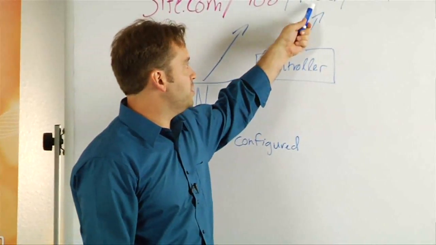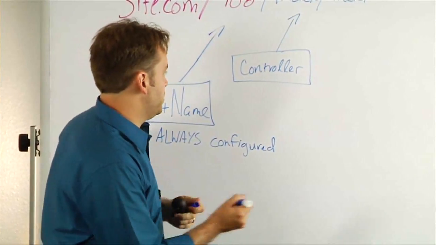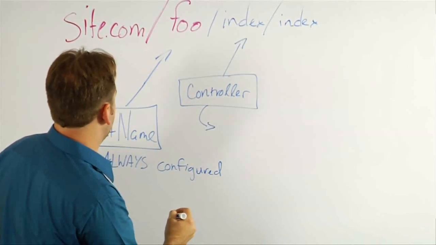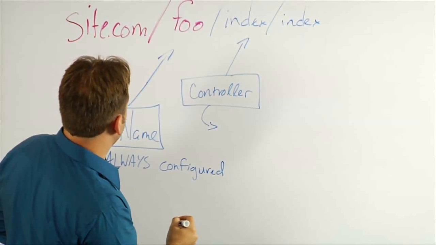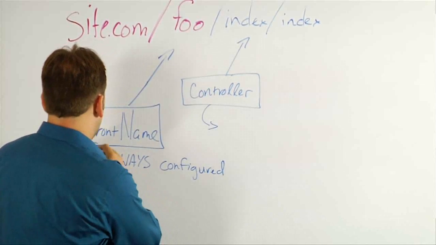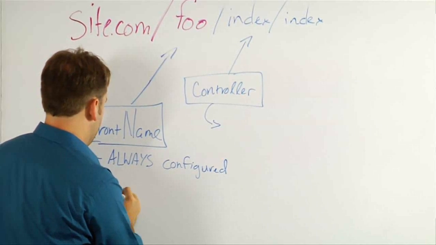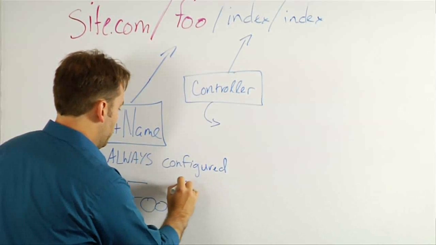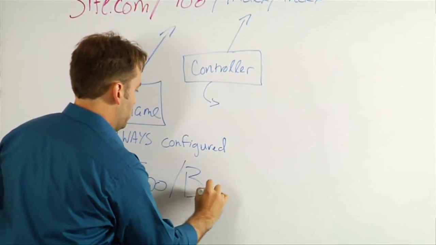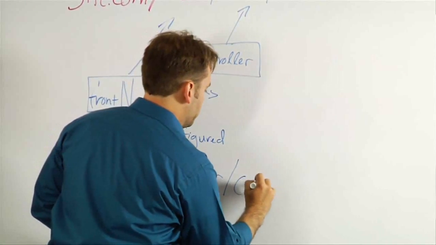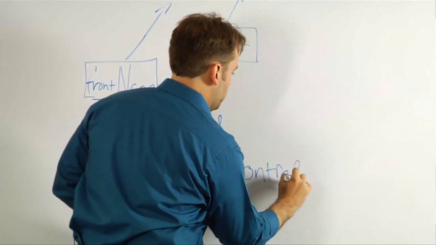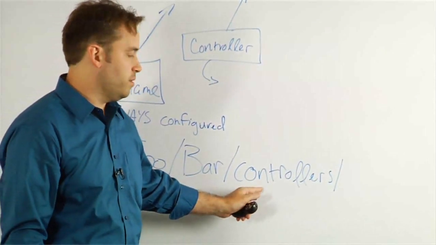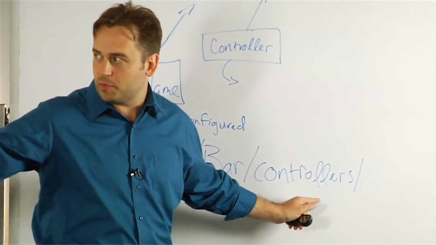And then in there, I will take this, and in this case, my front name is going to tell me foo, bar, and then controllers. And it's the application that does this. We don't specify this in here.